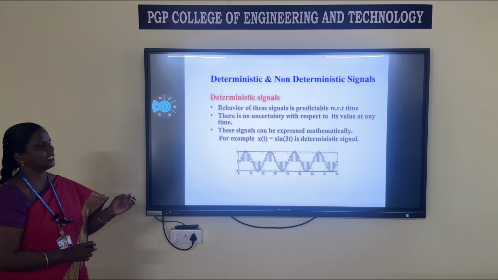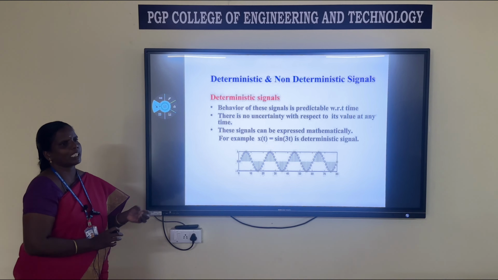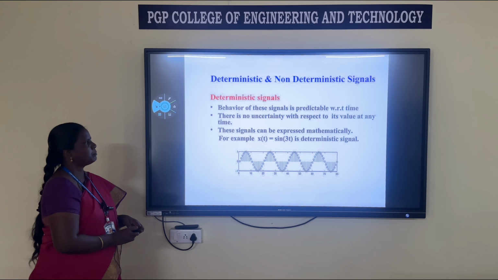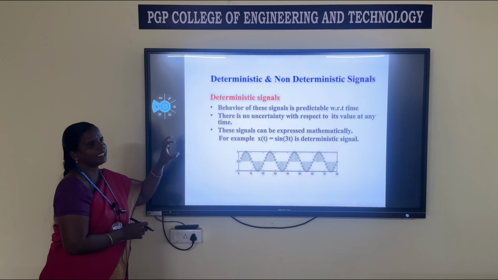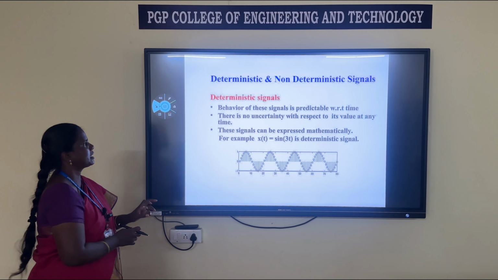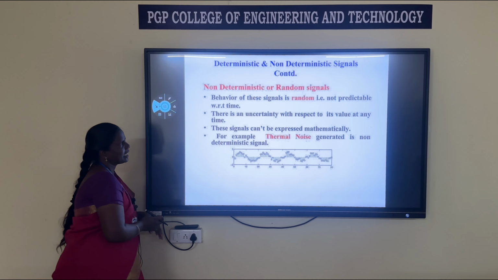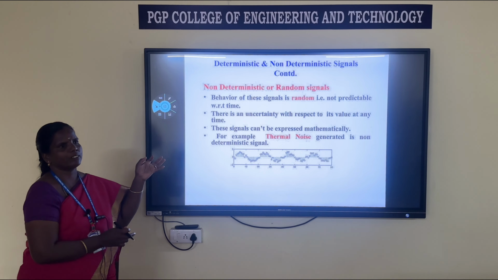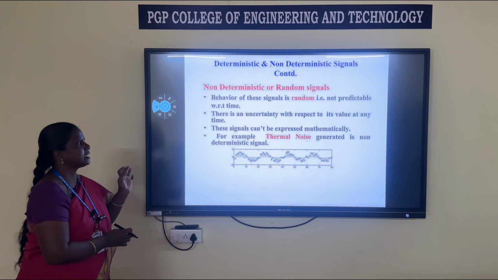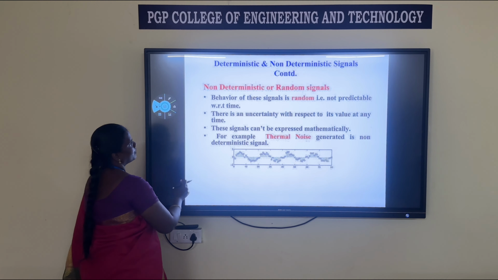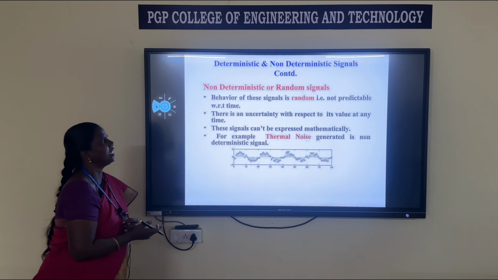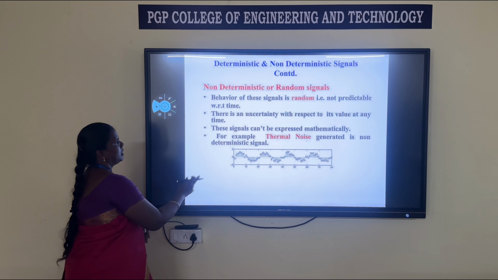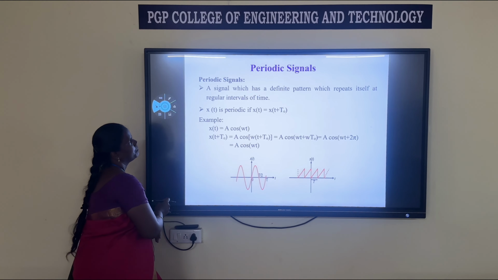We can write a mathematical expression for that signal, so it is called a deterministic signal. If we cannot write a mathematical equation, that signal is called a noise signal. The best example of a non-deterministic or random signal is thermal noise.